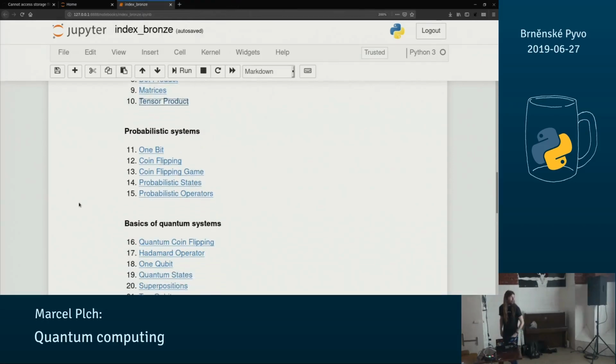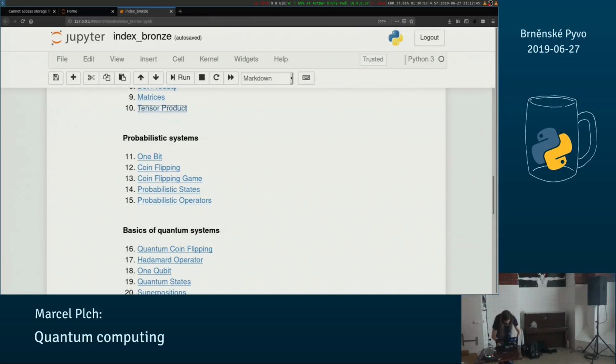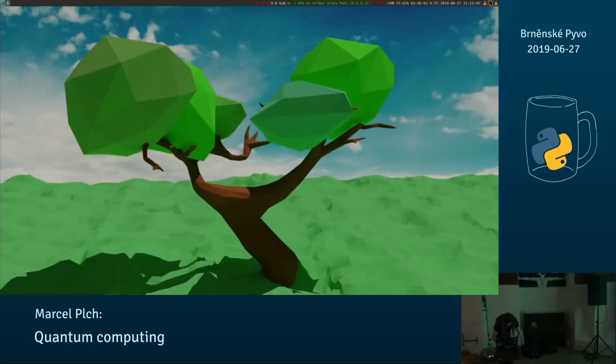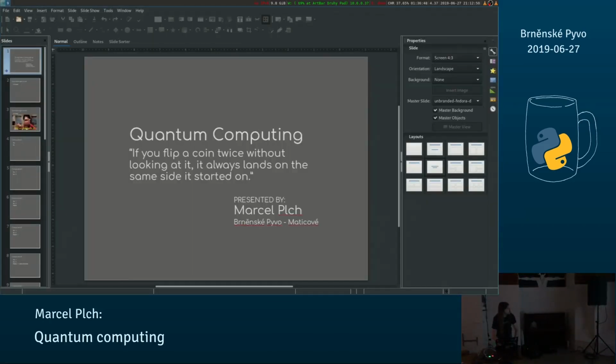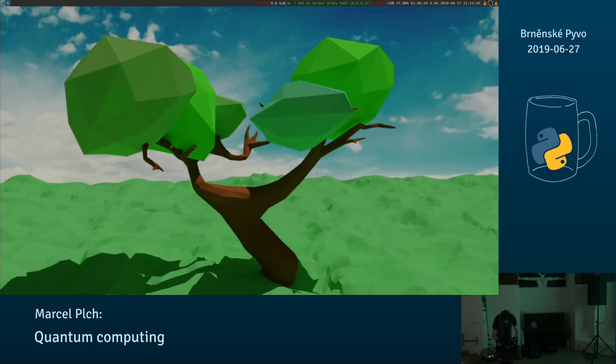Now let's see, there's also some delay in this. Oh, yeah, I should move it here. Sorry for the complications. I bet VLC is working.